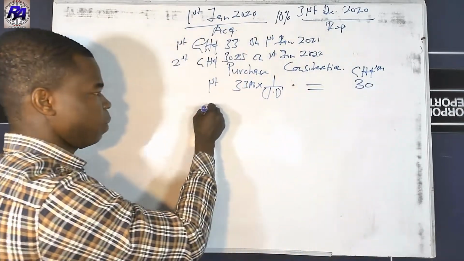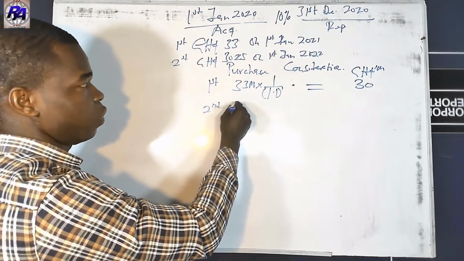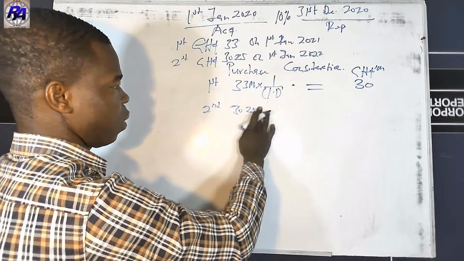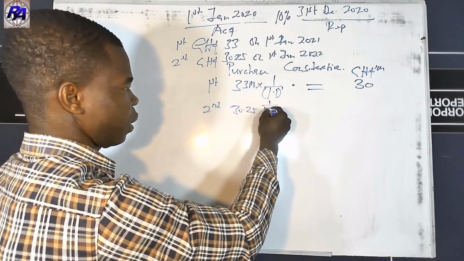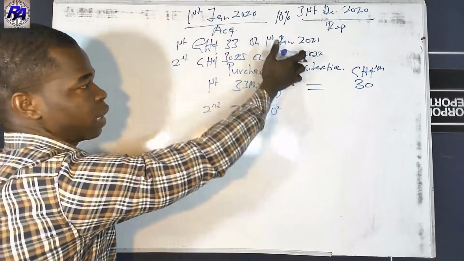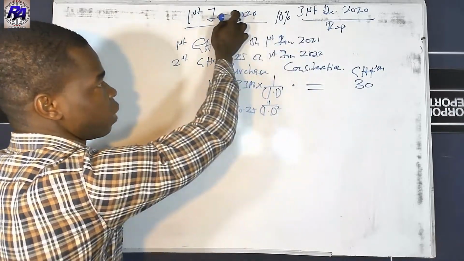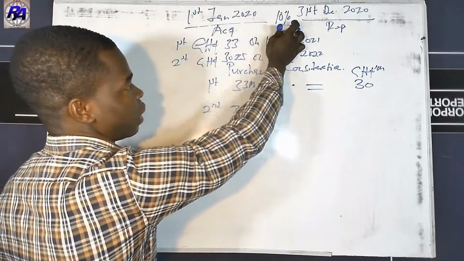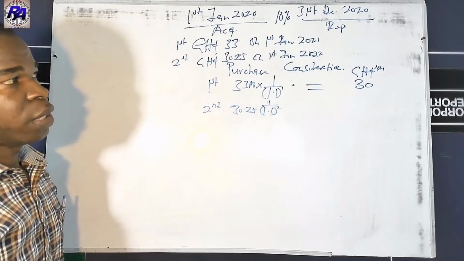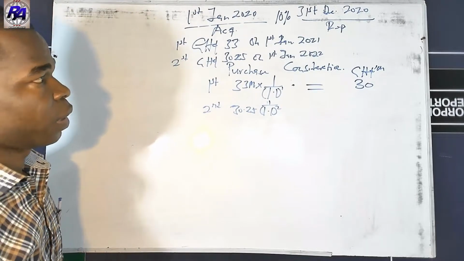And then the second payment is going to be 30.25 multiplied by 1 divided by 1.1 raised to the power 2. From the day of the acquisition to the day of the second payment is going to be 2 years. From 1st January to 31st December 2020 is 1 year.